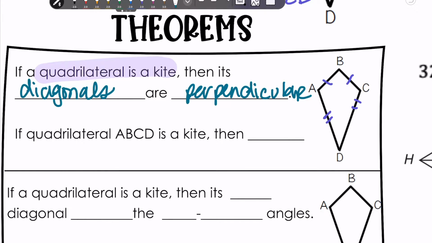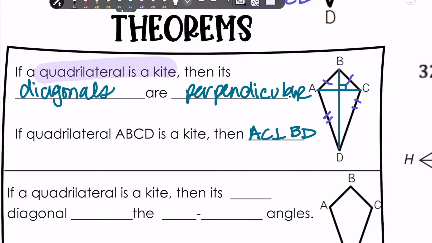Right? So what that means is that BD is going to intersect AC at 90 degrees. So we can even put that in right here, that AC is perpendicular to BD. That's it. It's just perpendicular.